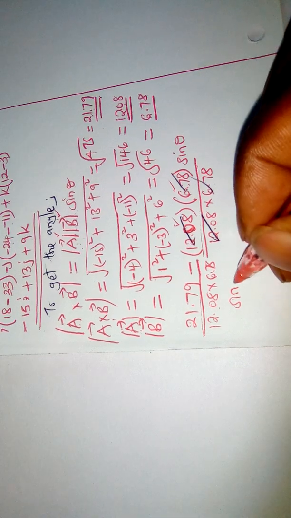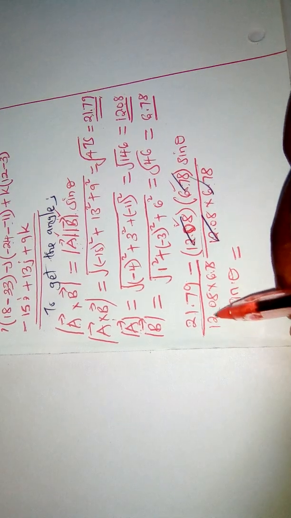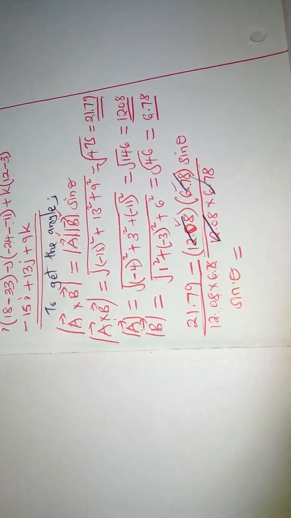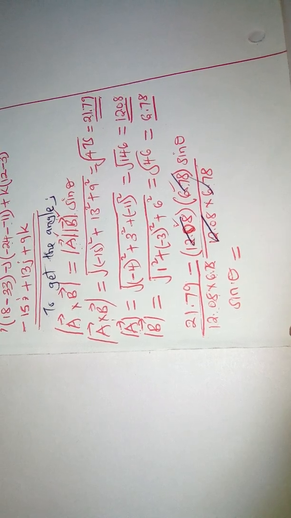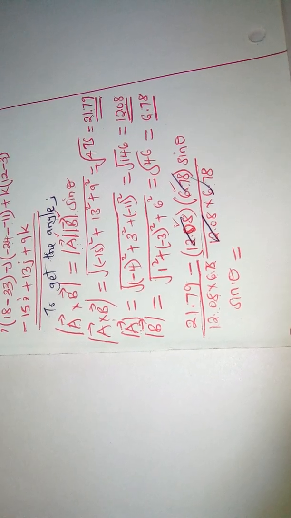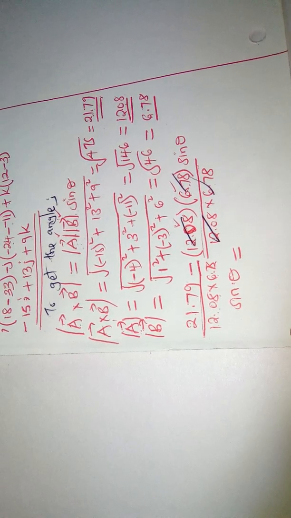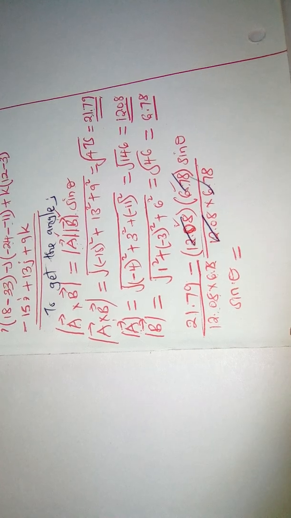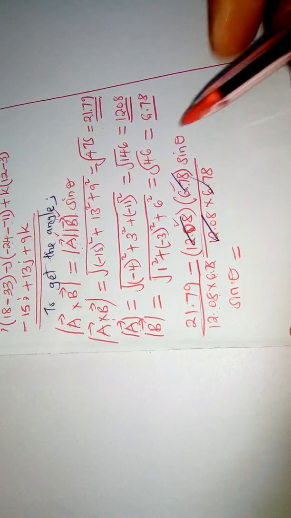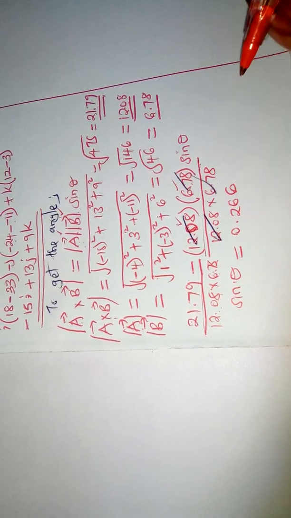Remember, I now have sine theta being equal to 21.79 divided by 12.08 times 6.78. When you work that out, 12.08 times 6.78 you will end up with 81.93, and when you take 21.79 and divide by your result, you will end up with 0.266.